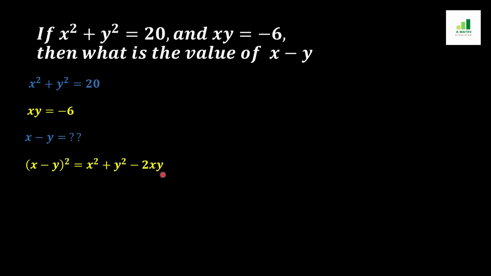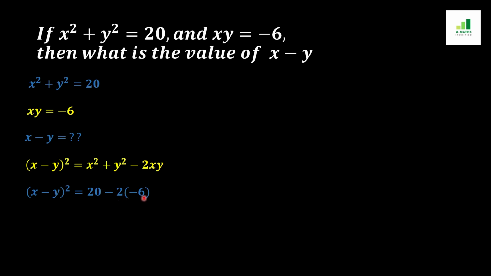And as we can see inside the question, the value of x square plus y square is 20 and xy is equal to minus 6. Then we will insert the value of both inside this formula and we will get x minus y whole square is equal to 20 minus 2 into minus 6.